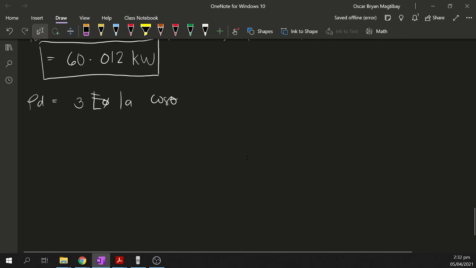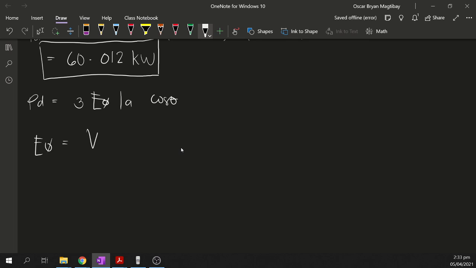So, paano natin kukuhanin si E phase? E phase is equal to V phase minus IA, so gagamitin na natin yung complex: V phase angle 0 minus IA angle positive theta dahil leading, times RA plus j XS.